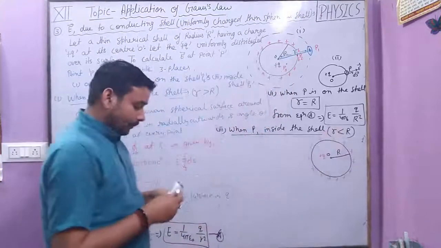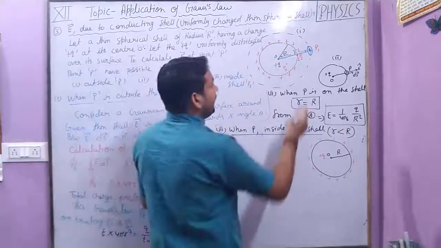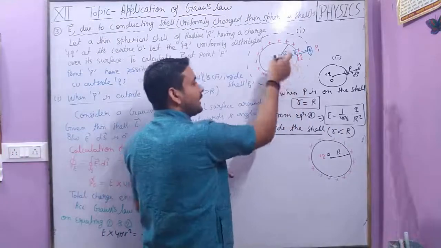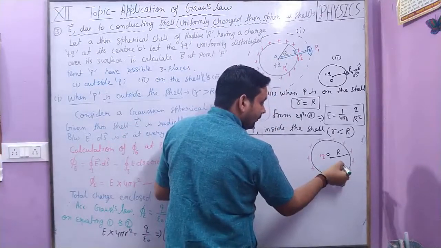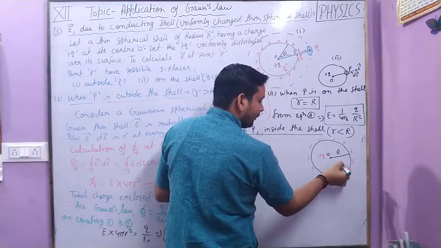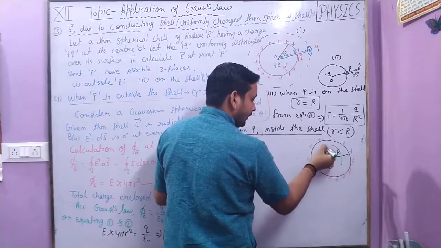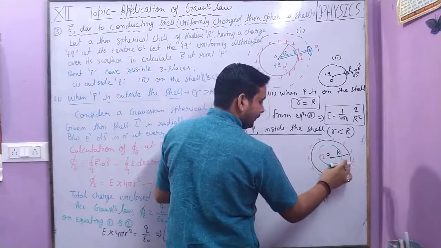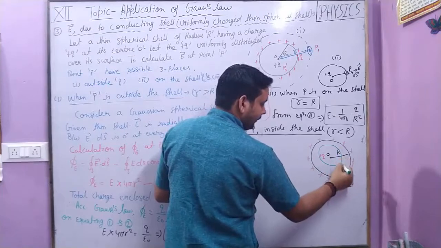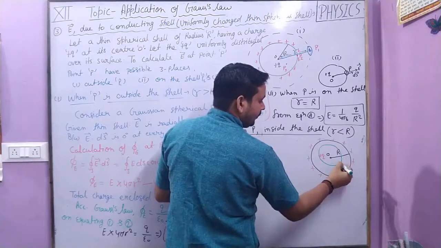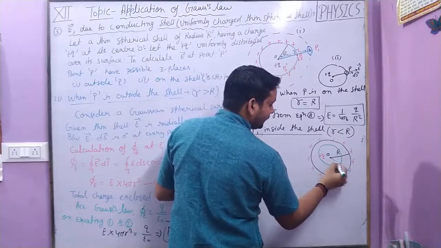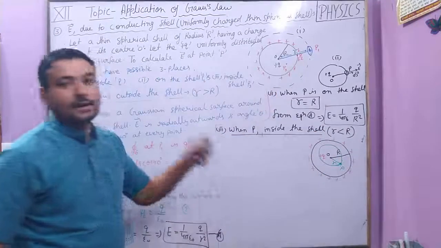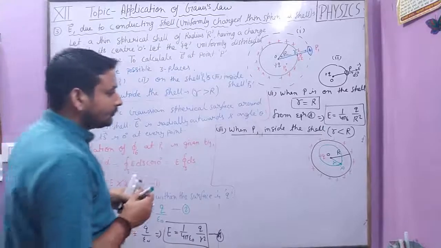Okay, now when P is inside the surface at this point, we determine the field for this particular point. This is the position of P and this is the radius R. Clear?